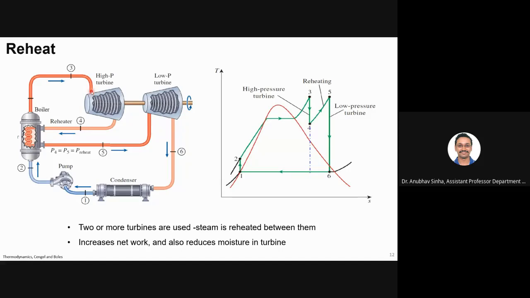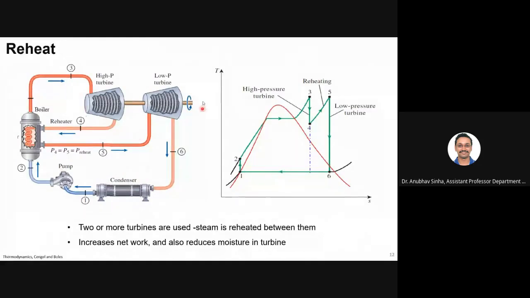Now once you have expanded, or you have extracted some energy from the high pressure turbine, you take that fluid to the boiler again, or let us say that this is a reheater. So take it to the reheater, it gets reheated, and then you send that fluid to another turbine. Then you expand and follow the regular process using the condenser and pump.